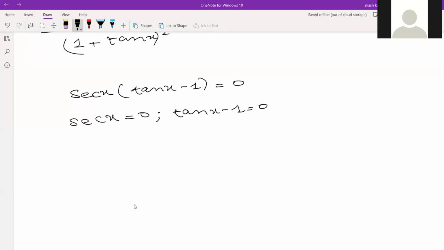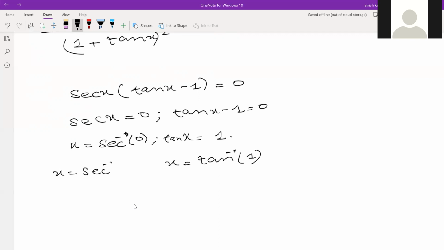Do you have a calculator with you? Can we do sec inverse of 0? And we have tan x equals 1, so x equals tan inverse of 1, and the other value is sec inverse of 0.